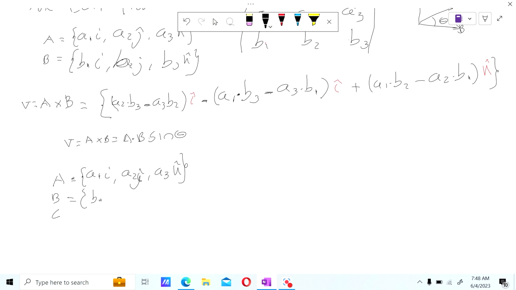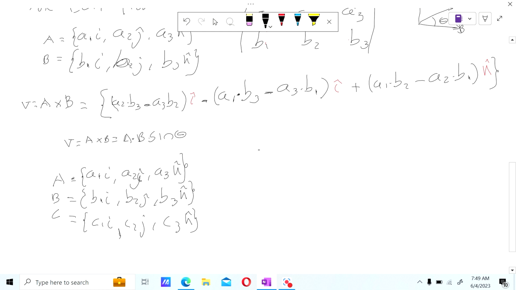Let's do B1, B2, B3. So A, B, and C obviously are numbers. A1, A2, A3 are going to be numbers or variables. Well, not in this class, but in other fields you can have a variable, X, and so on. C1, C2, C3. So we have three vectors and we want to find the cross product between them.